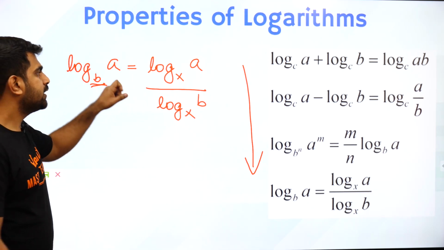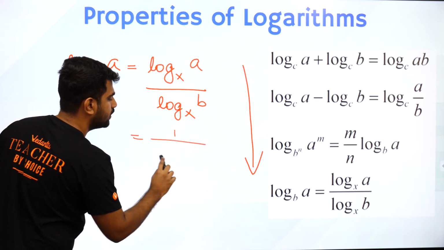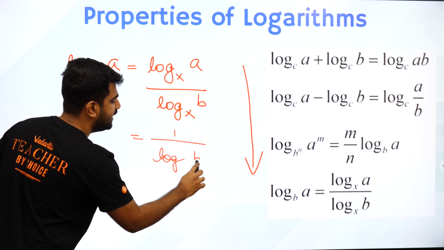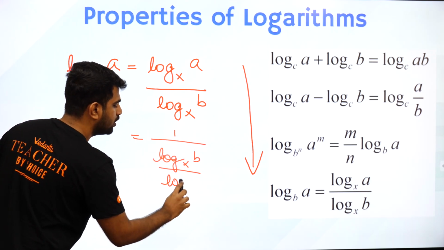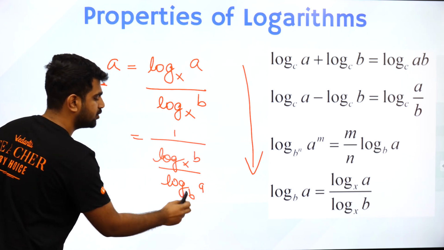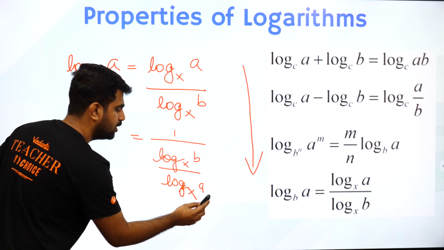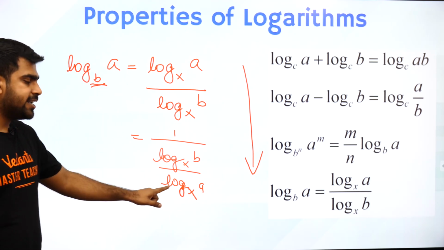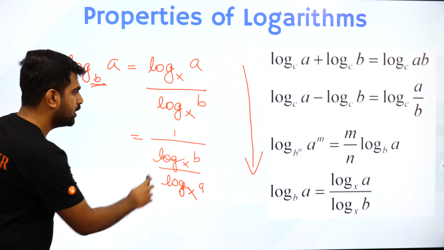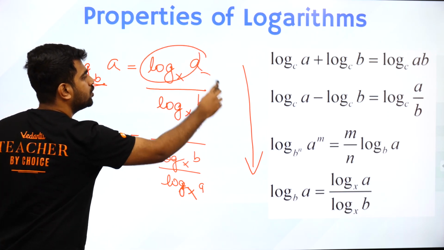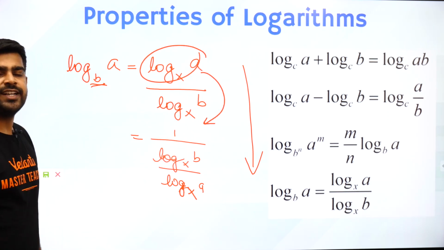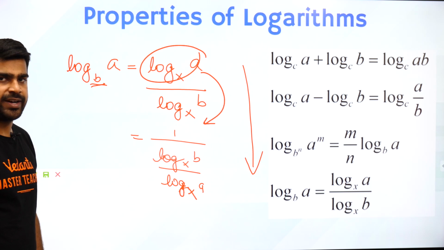But now, can I write this as 1 by log b to the base x by log a to the base x? I'm sorry, a to the base x. Can I write this guys? Is that fine? All of you okay with it? I just brought this term to the denominator. Okay.